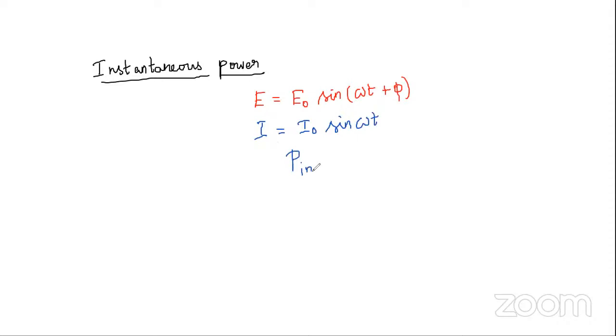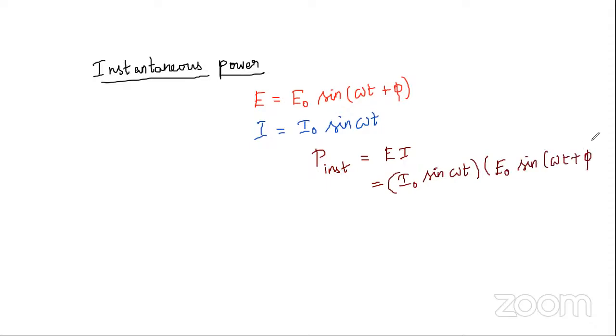That is represented as P instantaneous, which is equal to E into I. That will be I naught sine omega t multiplied by E naught sine omega t plus phi. This is how you need to find out the instantaneous power.